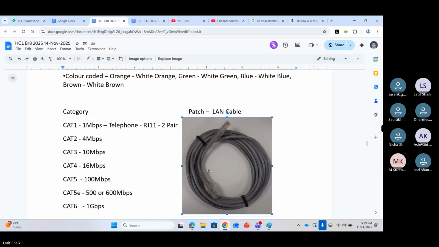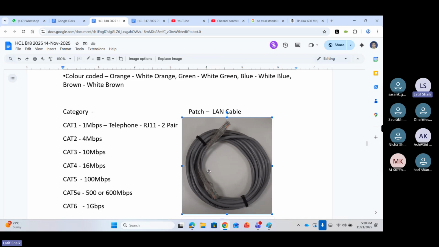Next, Cat 2 cables. From Cat 2 onwards, it's RJ45 type of connectors. We use 4-pair cables, and they are used for LAN communication: Cat 2, Cat 3, Cat 4, Cat 5, Cat 5e, Cat 6 cables. Each cable supports different types of data transmission speed. Cat 6 supports up to 1 Gbps.